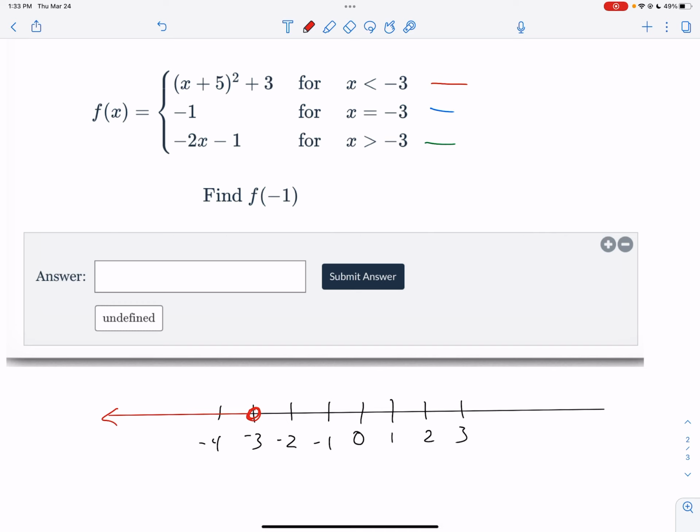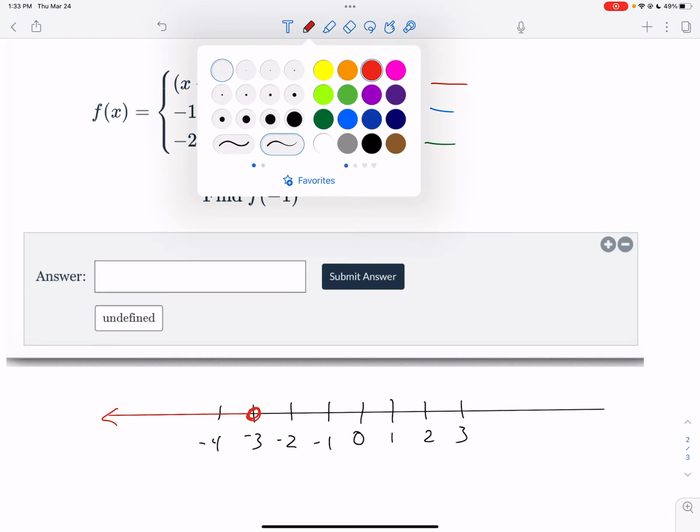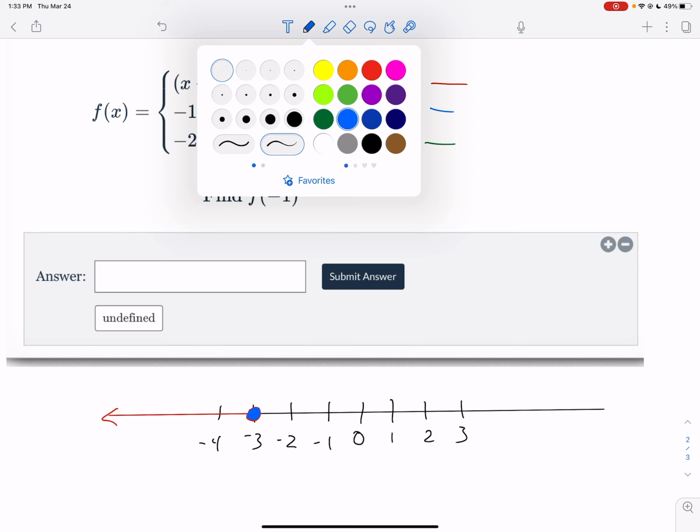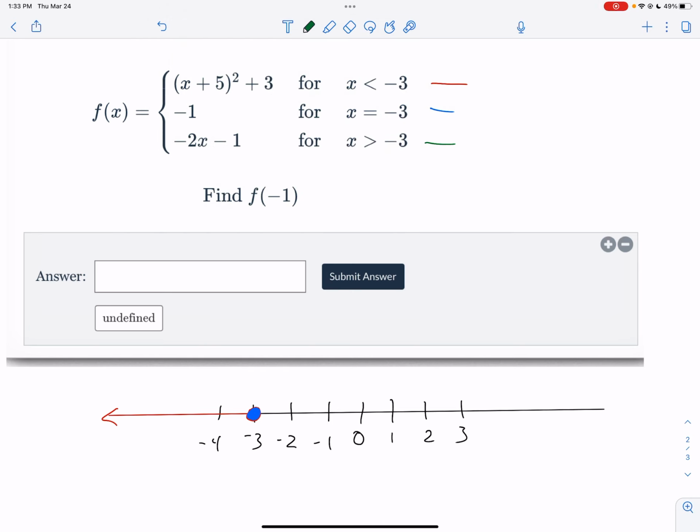That's the part we need to remember when it comes down to less than. It's just going to the left. And then for this part right here, x equals -3, that's going to be a closed dot at that point. And then there's a green one. When x is greater than -3, it'll basically be an open dot with the green right there and everything to the right. And that's it.